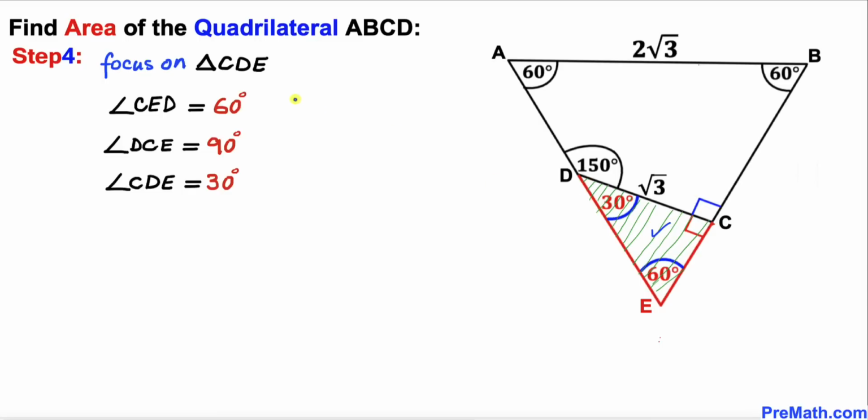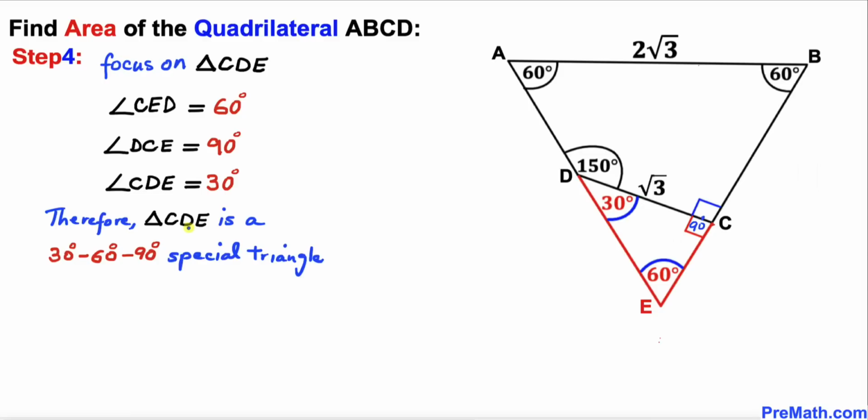In this triangle, angle CED is 60 degrees, angle DCE is 90 degrees, and finally angle CDE is 30 degrees. So this triangle CDE is a special 30, 60, 90 triangle.